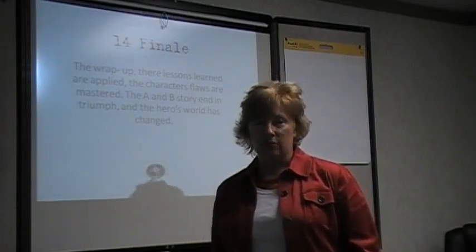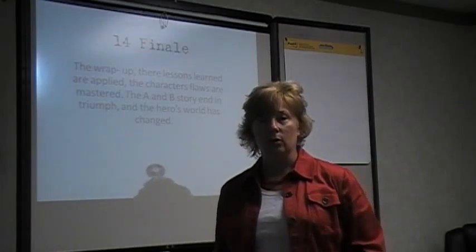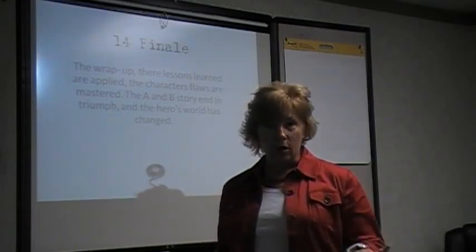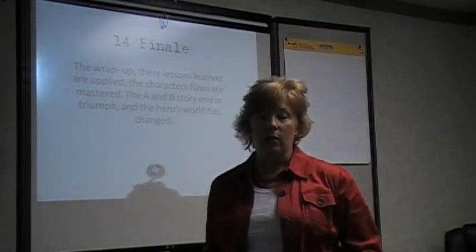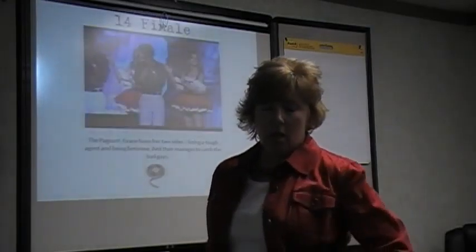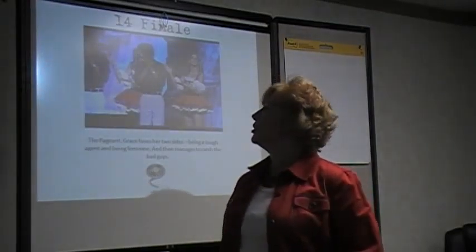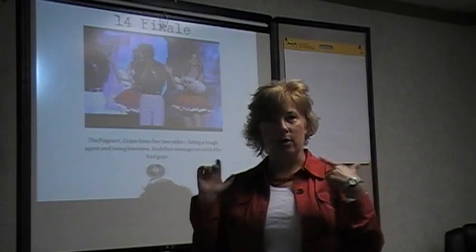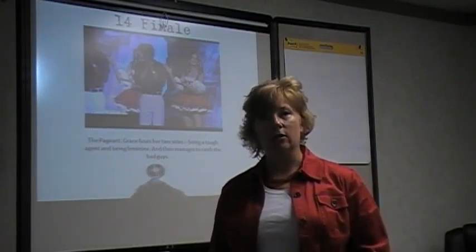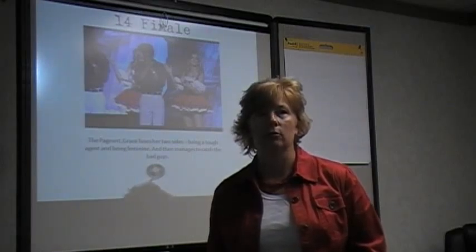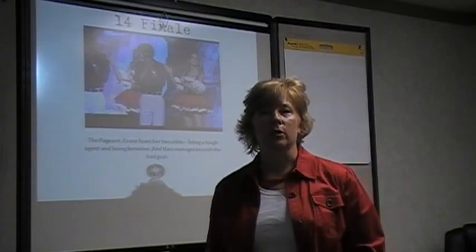14, that's the finale. That's where everything is wrapped up, all the lessons that have been learned are applied, the character flaws are fixed, and the A and B story end in triumph, and the hero's world has changed. And in the finale, Grace is on the stage. She's dressed up, she's got her makeup on, she's got her hair all done, and she decides to show her talent as how to defend yourself, self-defense techniques if someone attacks you.